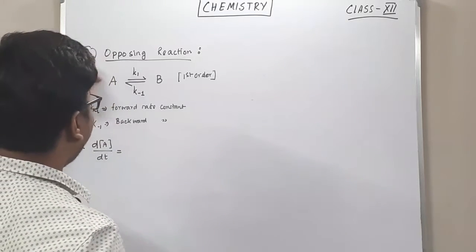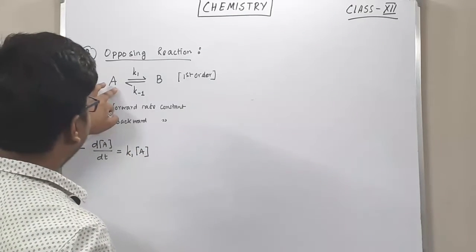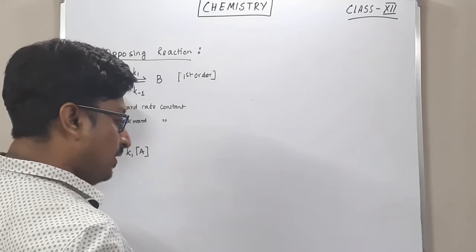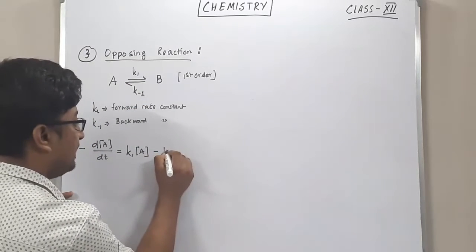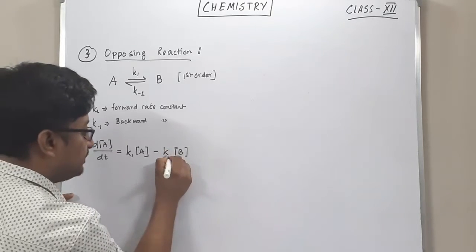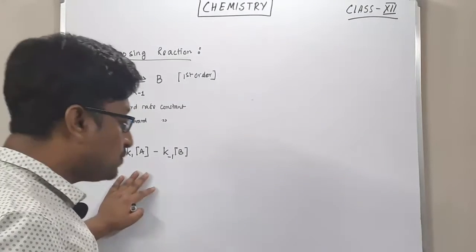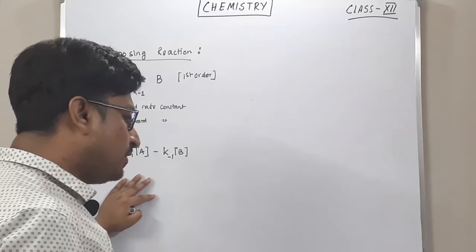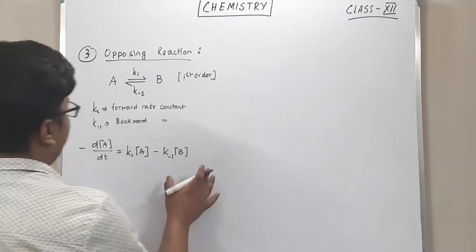K1 multiplied by A, and since A is forming again by the depletion of B, we will say minus K minus 1 into B. Now if I solve this, what will I get?